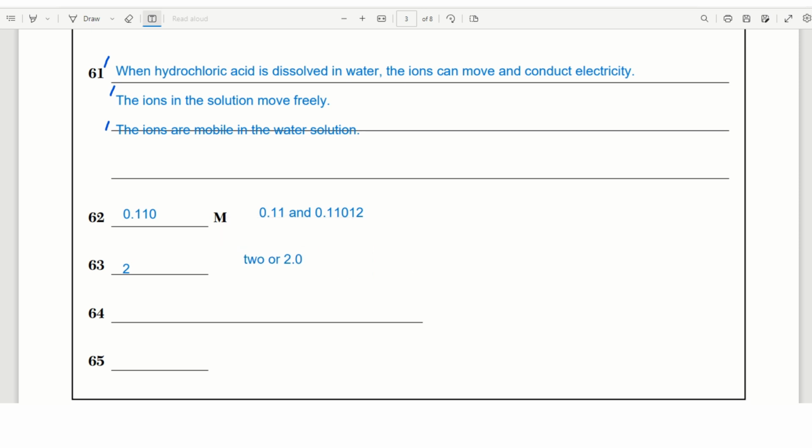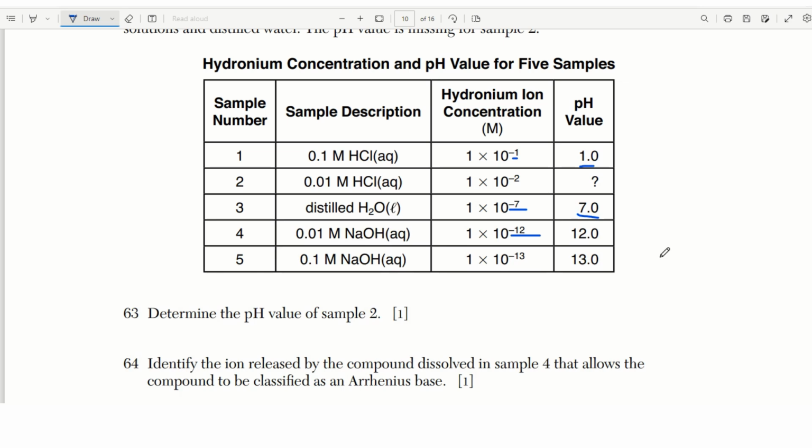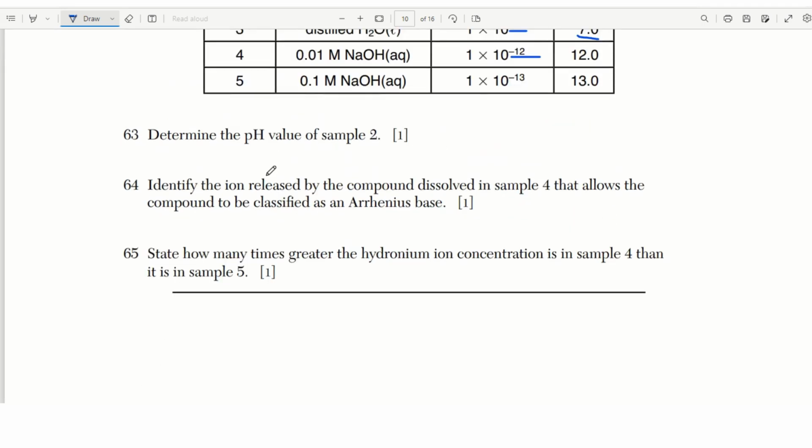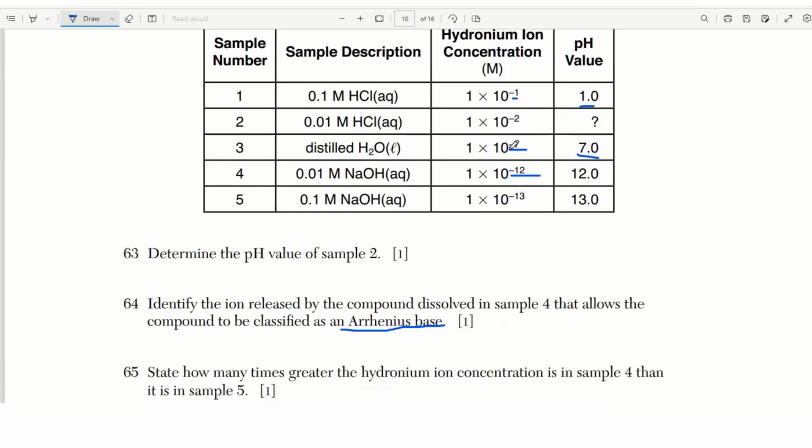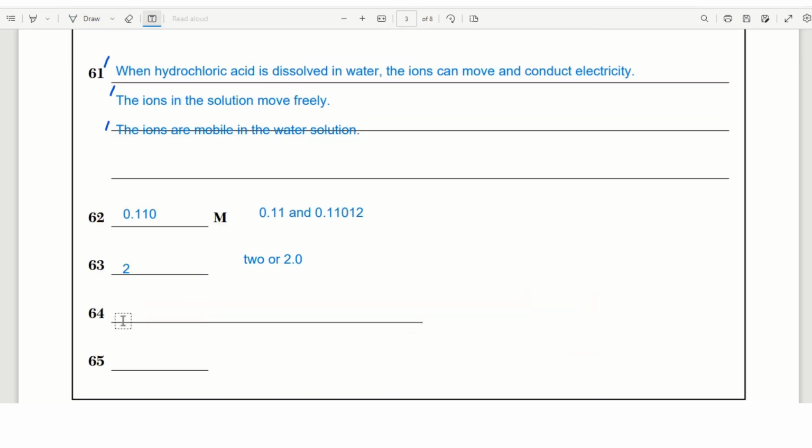All right. All right, the last two questions for B2. Identify the ion released by the compound dissolved in sample 4 that allows the compound to be classified as an Arrhenius base. Okay, so what do Arrhenius bases have as their ion?